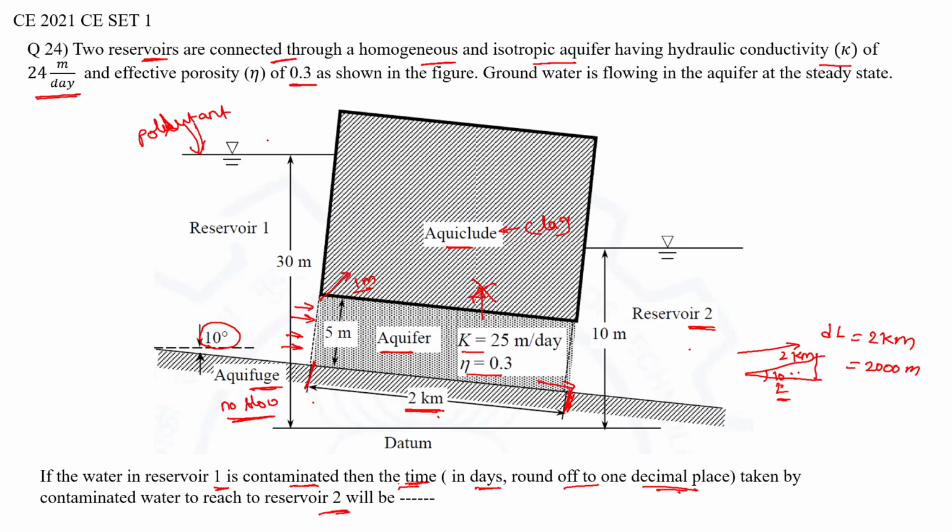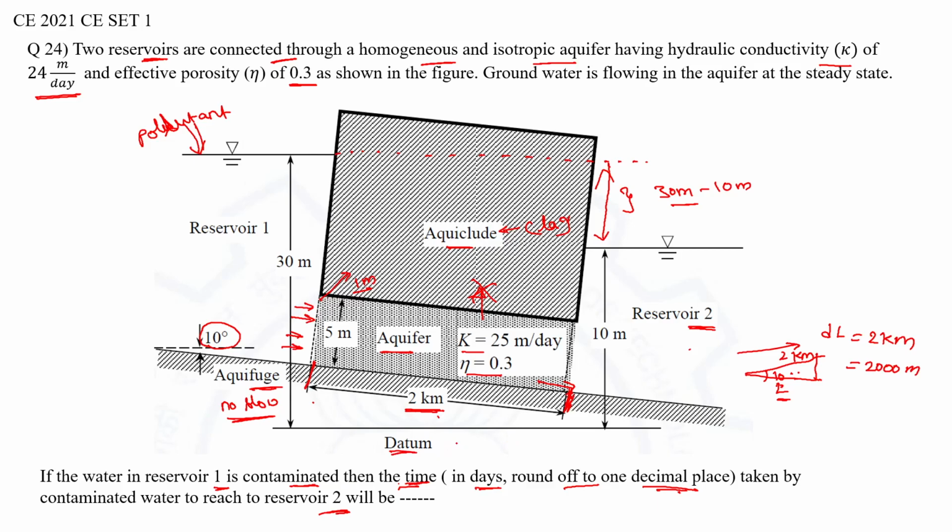Moving forward, what is the difference in these two? The difference will be 30 meters minus 10 meters, because this 30 and 10 are both shown with respect to the datum.